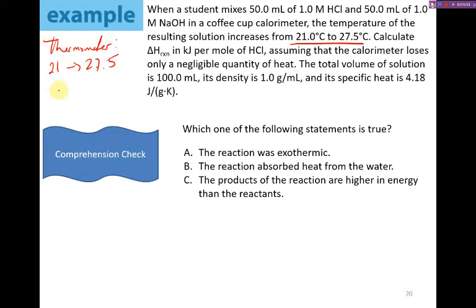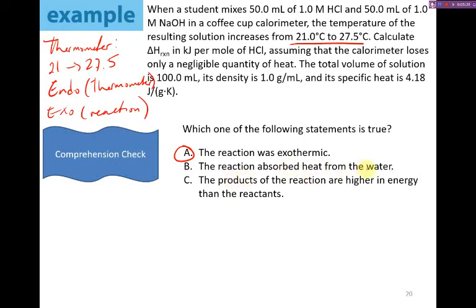So keep that in mind and think about this. Okay, what did you determine? Well, if it's going from 21 to 27.5 for the thermometer, then the thermometer saw that it was endothermic. It was endothermic for the thermometer, then it was exothermic for the reaction. So it's A.